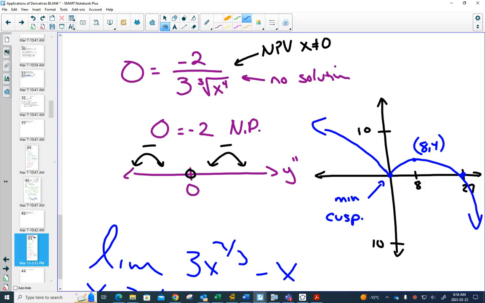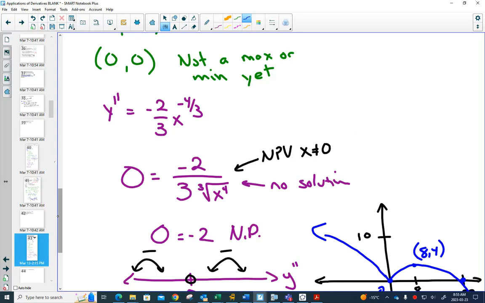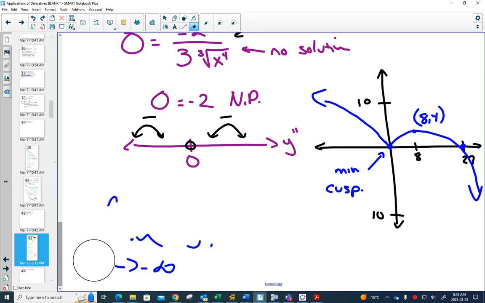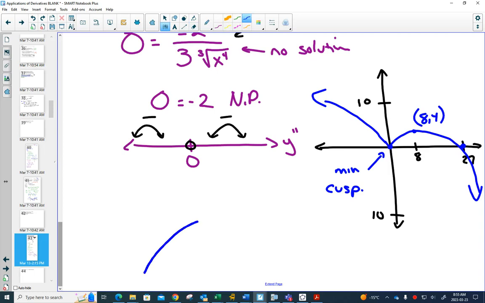I was wondering, could I draw a cusp that's also an inflection point? Like, wow, there you go. Right? What happens if you had a piecewise function that went like this, concave down, and then went like this, concave up?